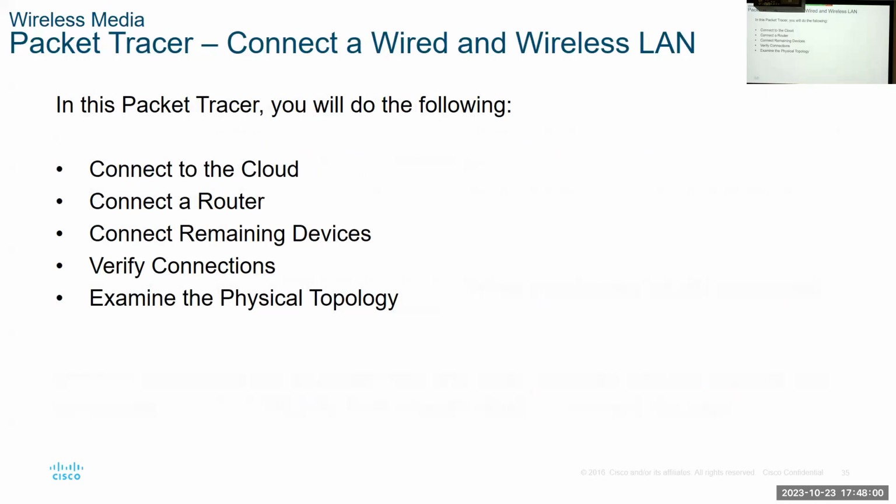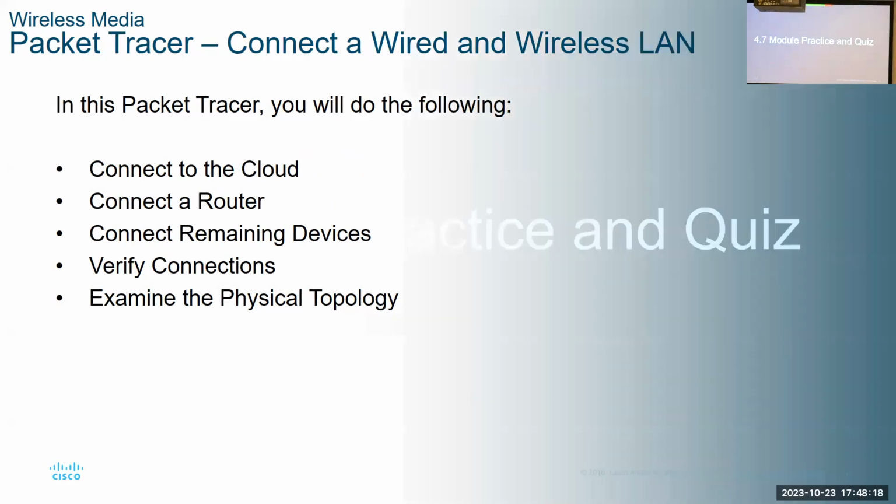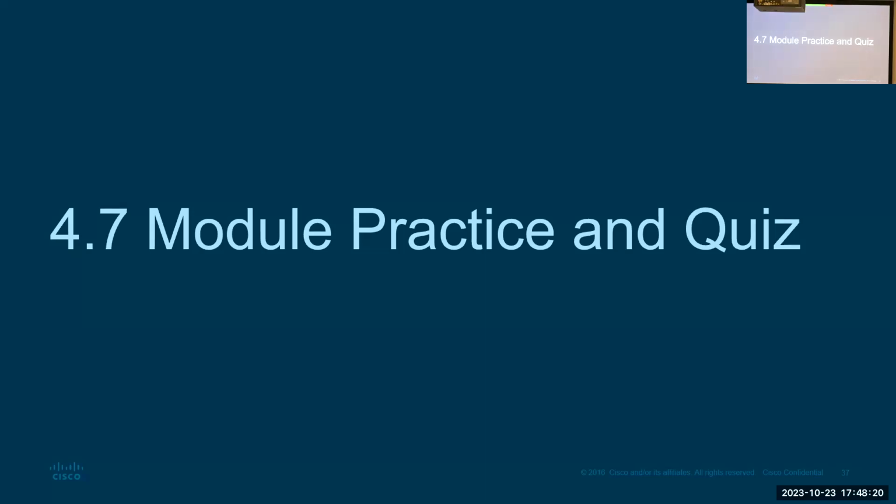All right, so there's a Packet Tracer activity, because Packet Tracer has some wireless devices, and you just go through the steps to make a wireless connection between an end device and an access point. And that was it for the remainder of module 4.